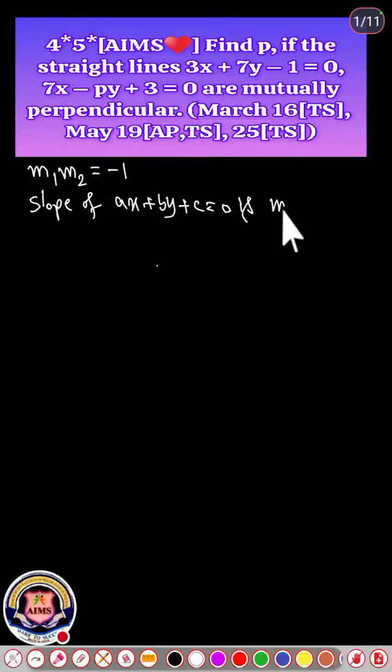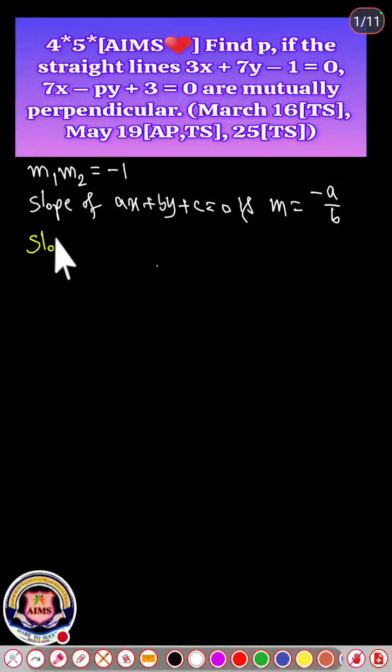So, first of all, the slope of the line ax + by + c = 0 is m = -a/b. Use this concept for the first line.